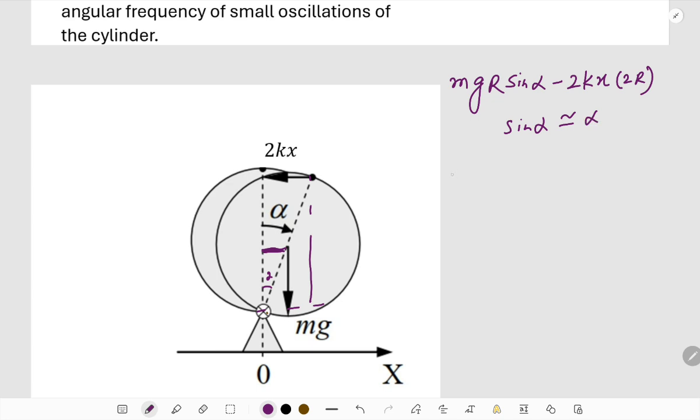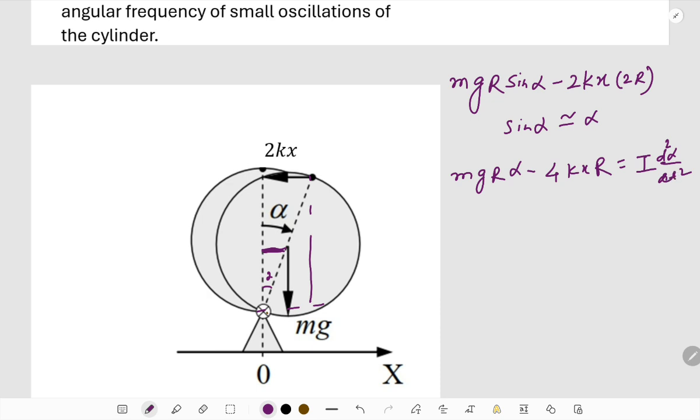So the whole thing can be simply written as mgr alpha minus 4kx multiplied by r equal to moment of inertia about the respective axis multiplied by d2 alpha by dt square. This is just angular acceleration.